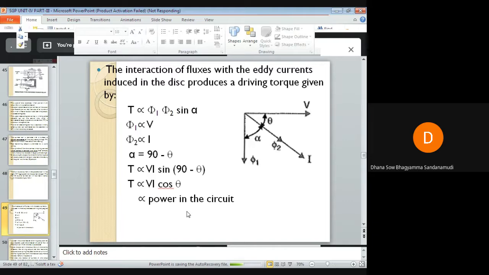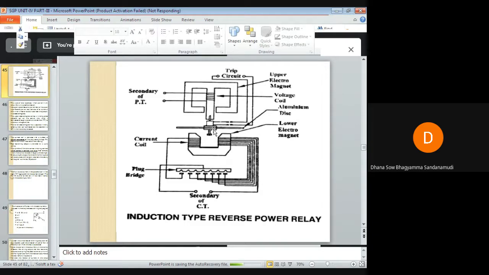Whenever a fault occurs and fault current exceeds the preset value, reversal of current will be there in the circuit which is to be protected, hence the power will also reverse. So the operating torque or the driving torque induced in this disc will also be in the reverse direction.